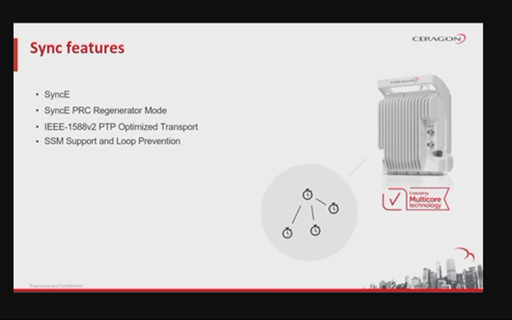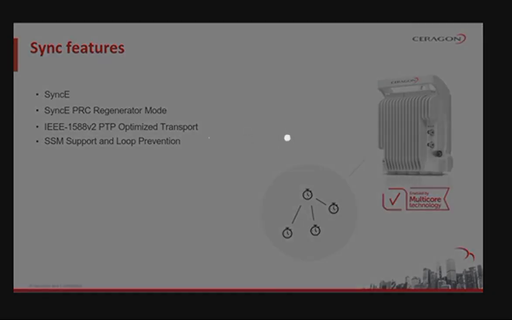Native sync distribution, for end-to-end distribution using gigabit Ethernet. Sync pipe regenerator mode, providing PRC grade, aka G.811, performance for pipe regenerator applications.